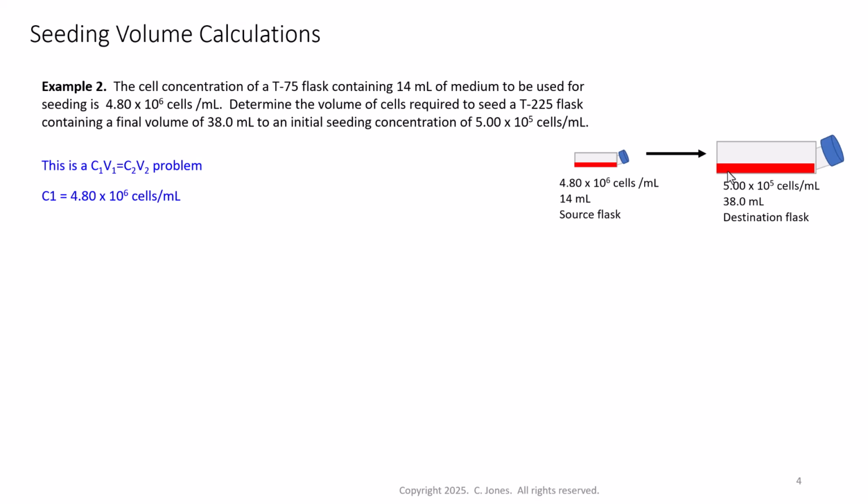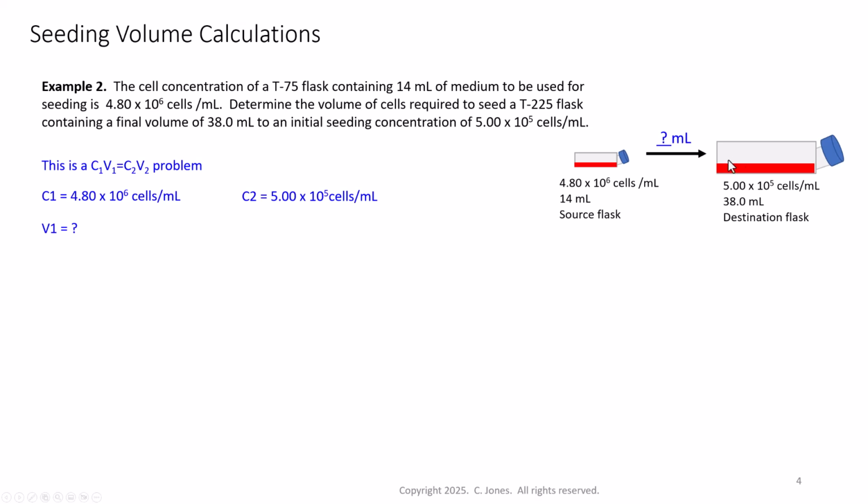So C1, the concentration of the source flask, is 4.80 times 10 to the 6 cells per mil. C2 is the concentration we want to end up with in the destination flask, 5.00 times 10 to the 5th cells per mil. V1, that's the volume of source cells that we want to passage into the destination flask.